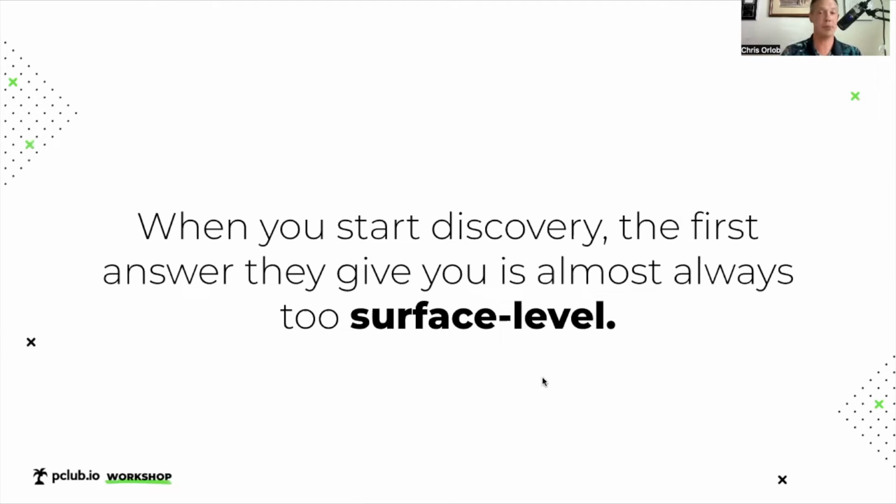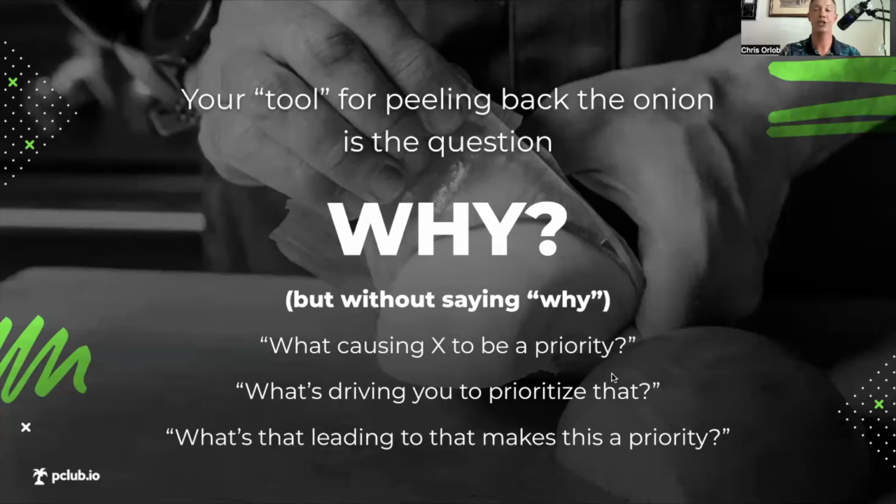So the principle here is in almost every case, not every case, but probably 90-95% of cases, when you start a discovery session, the first answer your buyer gives you is almost always too surface level for you to really do anything with. And that's just because humans process things in this way, right? The first take at answering a question is not always going to be well defined. So it's your job to peel back the onion.